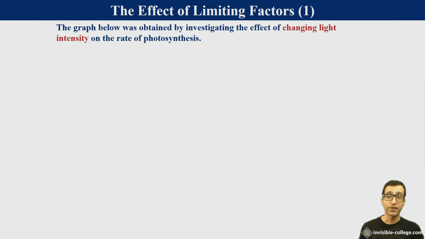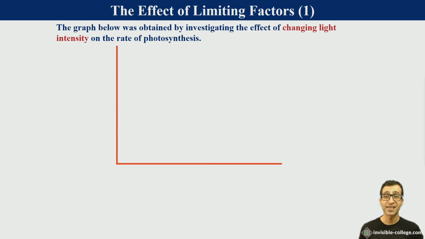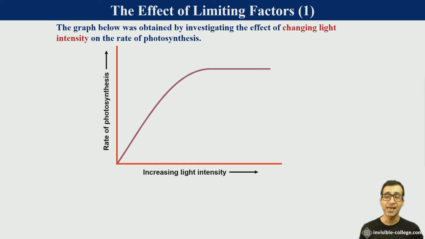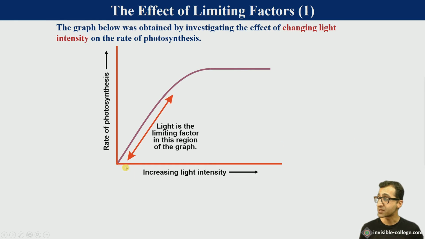So, the graph here was obtained by investigating the effect of changing the light intensity on the rate of photosynthesis of a plant. And so we can see here that during this phase, as we increase light intensity to this level, light is the limiting factor in this region of the graph.